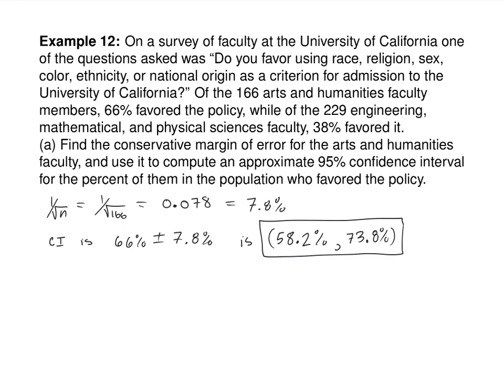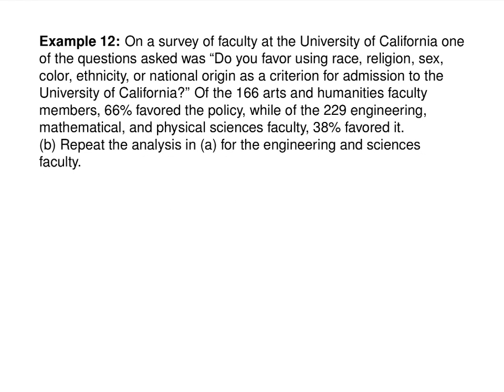How about the other people, the engineering and sciences people? What do we use to find our margin of error? 1 over root n will be 1 over root 229, which in this case I got was 0.066, which is what percent?